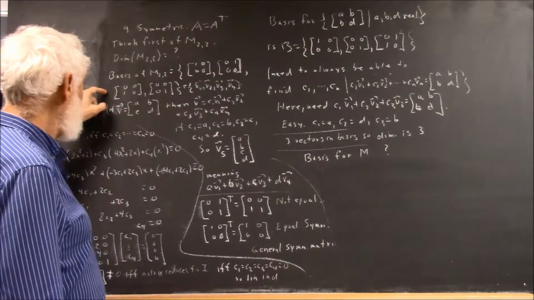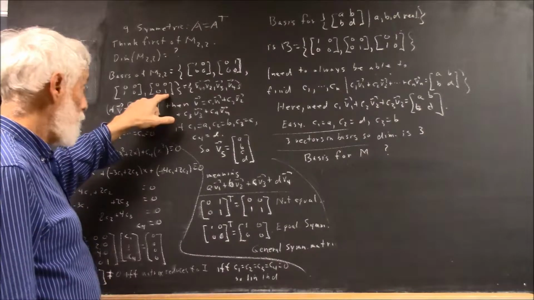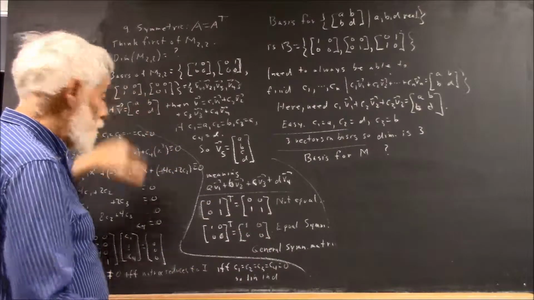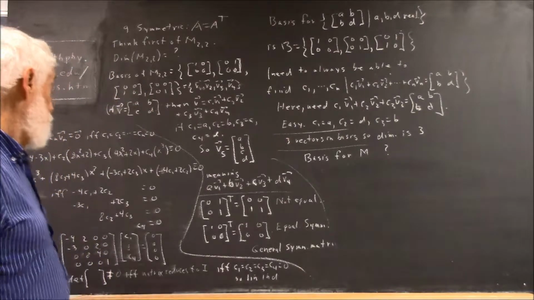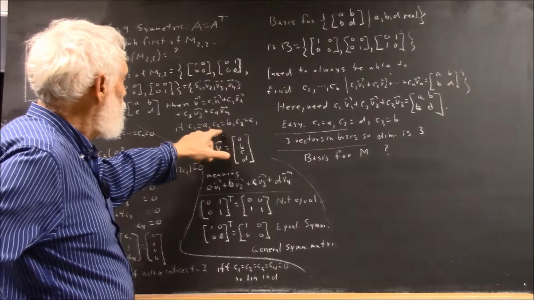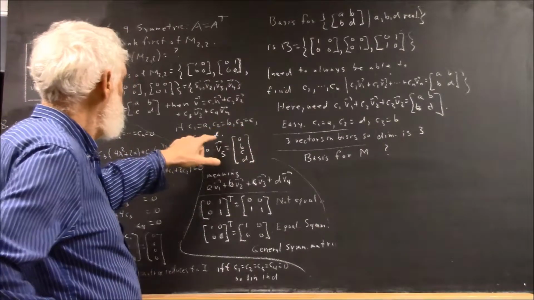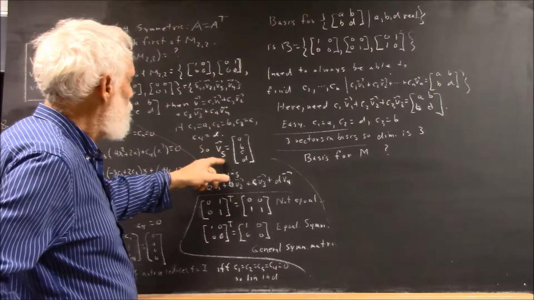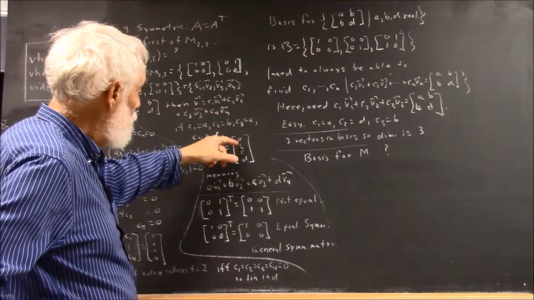If I multiply C by this matrix, I'll get a C here. If I multiply D by this matrix, I'll get a D here. And if I add them all up, I'm going to get this vector. So it's fairly straightforward that if C1 equals A, C2 equals B, C3 equals C, C4 equals D, this vector, relative to the standard basis, is A, B, C, D.